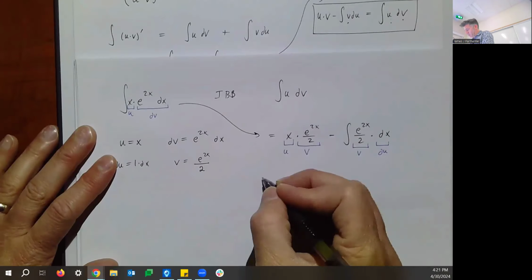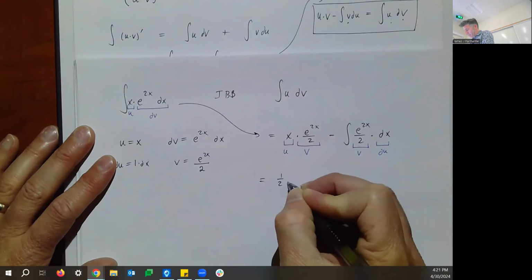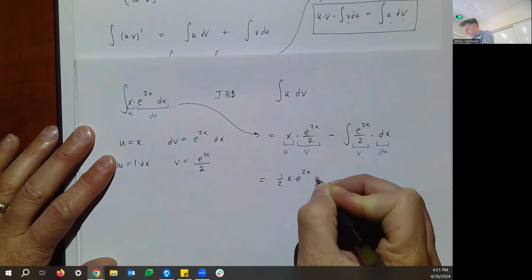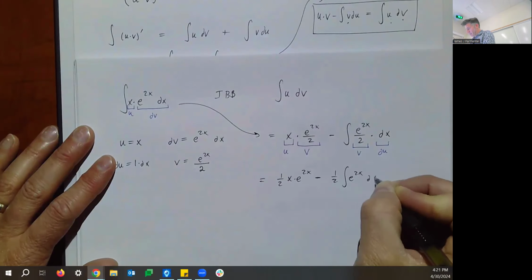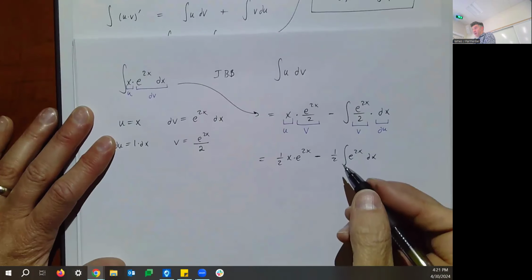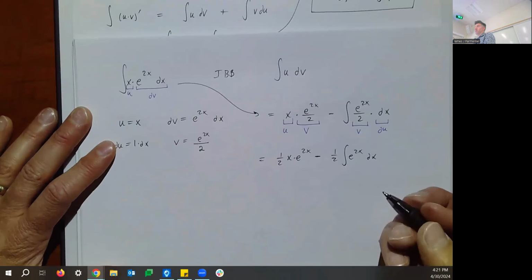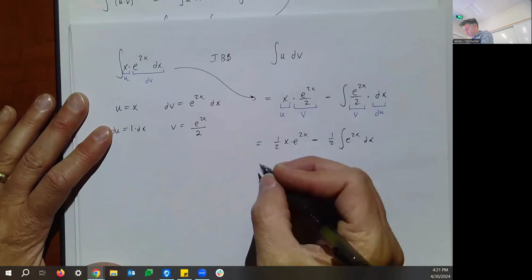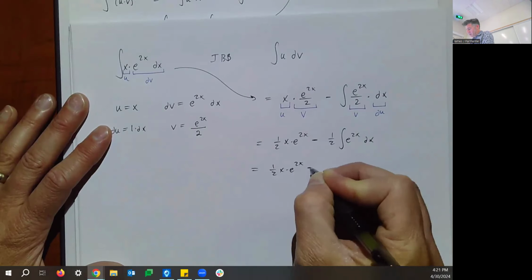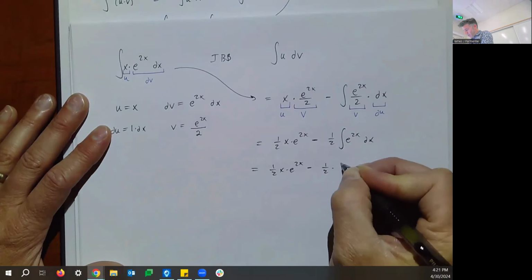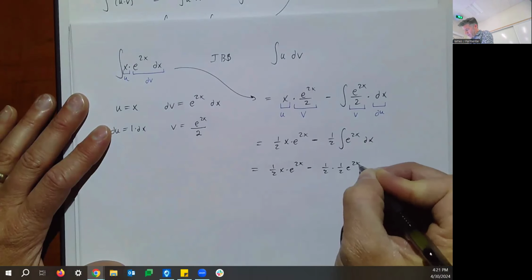This is going to be equal to 1/2 times x times e to the 2x minus, I'm going to pull out the 1/2, the integral of e to the 2x dx. And the integral of e to the 2x, again, is e to the 2x divided by 2. So this ends up equaling 1/2 times x times e to the 2x minus 1/2 times another 1/2 times e to the 2x plus c.